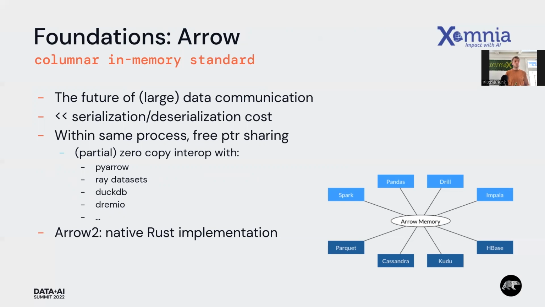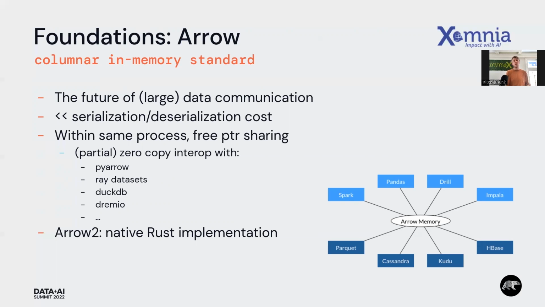It's a standardized way of dealing with in-memory columnar data, but it's also a specification in how we can share this data over the wire. And this leads to a very huge decrease in serialization and deserialization cost, especially in distributed compute like Spark, for instance, where you need the data from one representation to another representation over the wire.